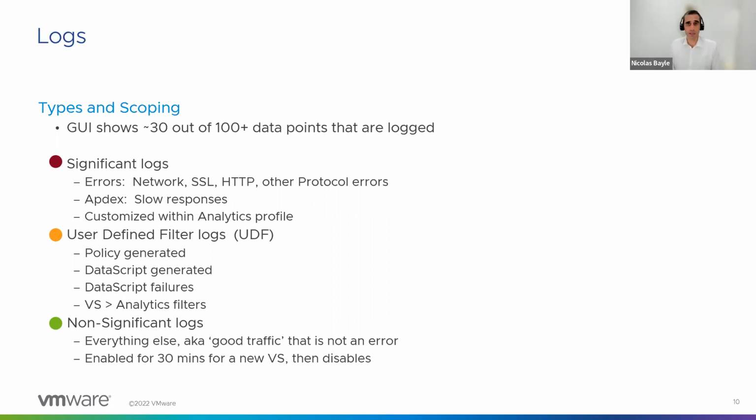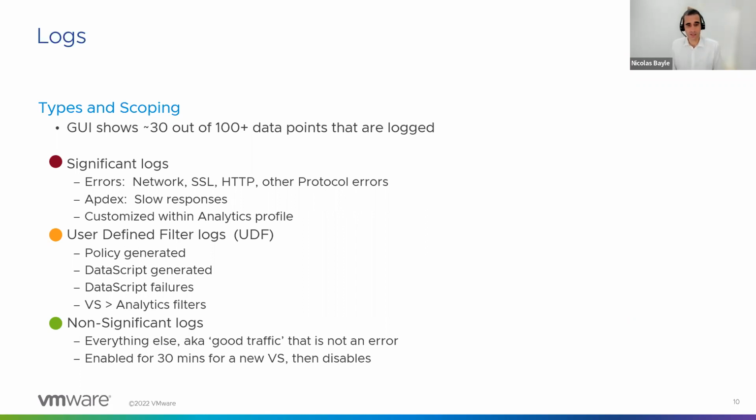This one is basically when everything is fine. It's good traffic. And by default, AVI will drop those non-significant logs. But nothing prevents you, for your sensitive application, from enabling it; you can do it in the UI.